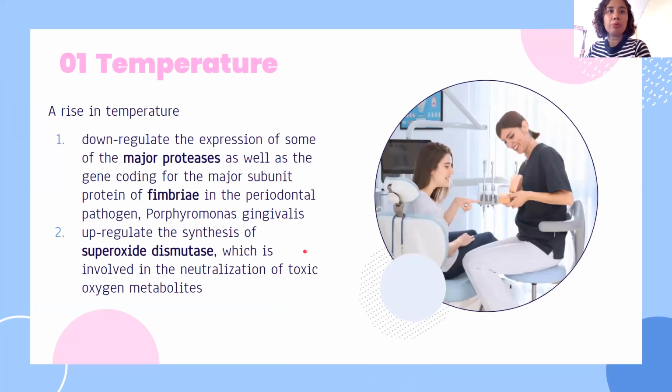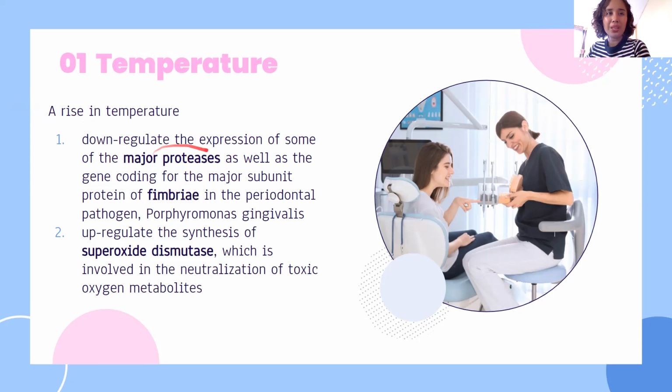So a rise in temperature could downregulate, so pinapabagal niya ang expression ng major proteases. So these proteases, guys, itong proteases, sinisira niya yung mga antibodies ng katawan natin. So kung nabawasan yung major proteases, it's a win for us, okay? And protein fimbriae. So fimbriae is for communication, hair-like structure.